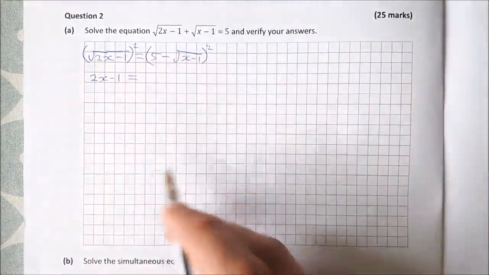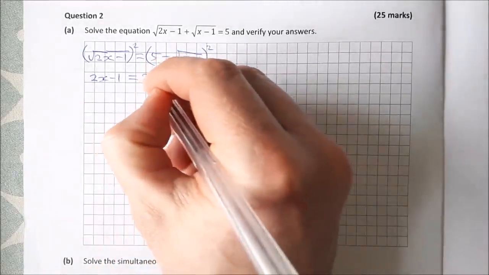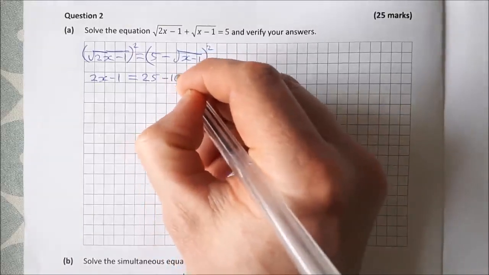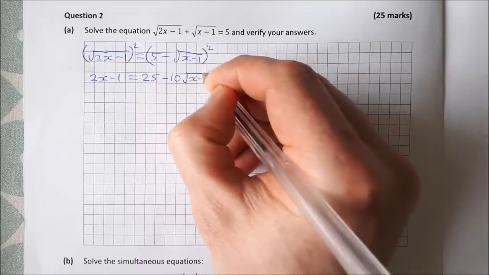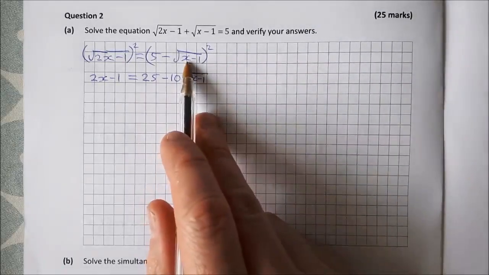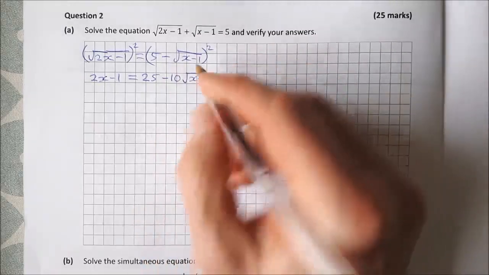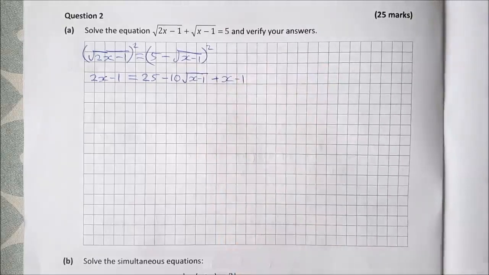And then over here, squaring this out, square the first is 25. Twice the product, so that'll be minus 10 square root x minus 1. And then the square of the second, so minus by minus is a plus, and the square root of x minus 1 squared is x minus 1.